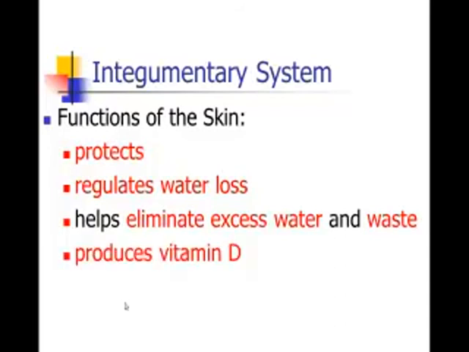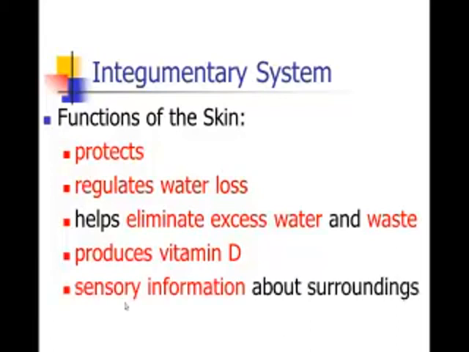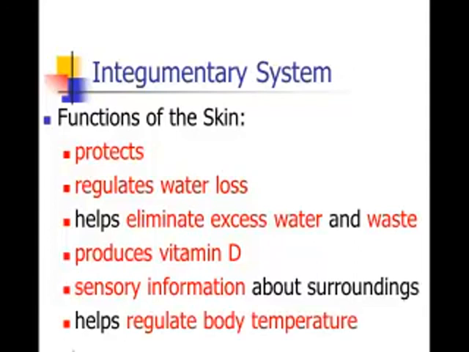It produces vitamin D, and vitamin D is an important precursor to a hormone that helps us regulate both calcium and phosphates. The skin gives us sensory information about what's going on in our surroundings, which is important for our well-being. And the skin also helps us regulate body temperature, and we'll talk about how some of these things happen.